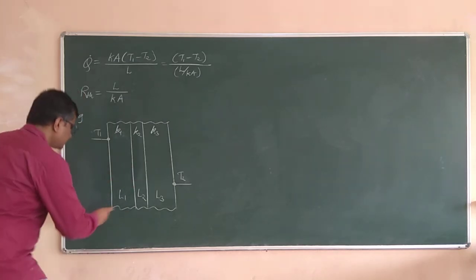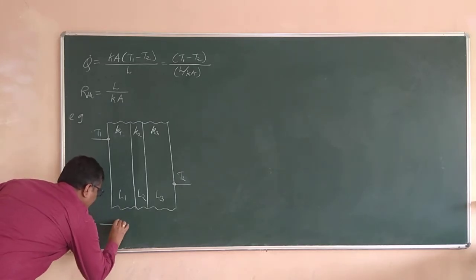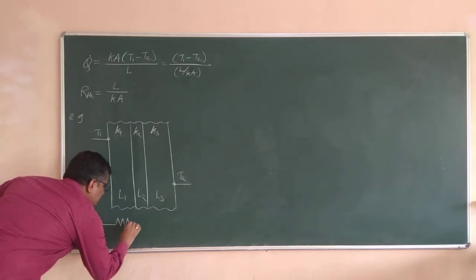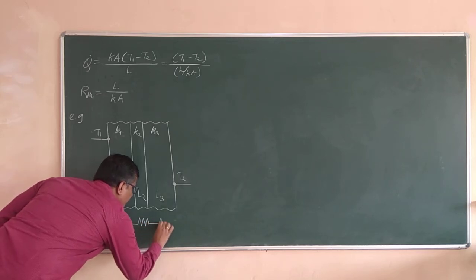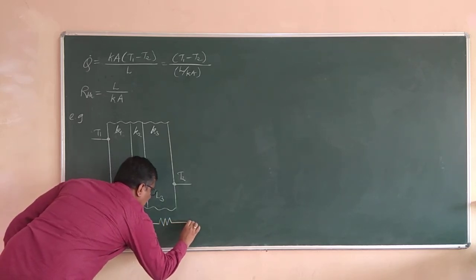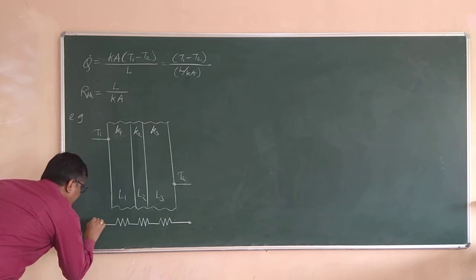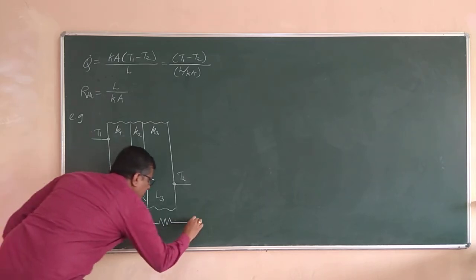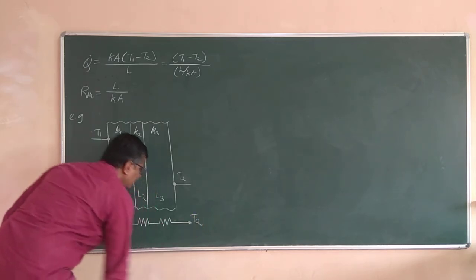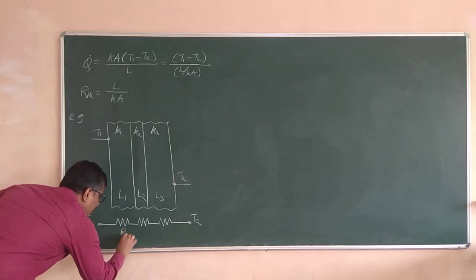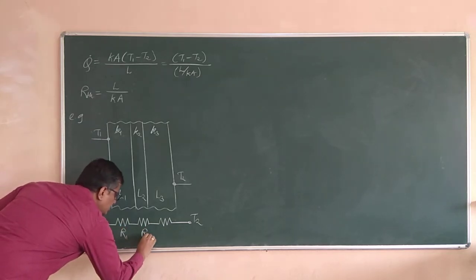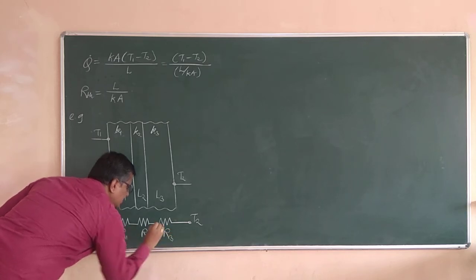I can draw the equivalent circuit diagram as this is the resistance R1, this is the resistance R2, and this is the resistance R3, maintained at the temperature difference of T1 and T2.